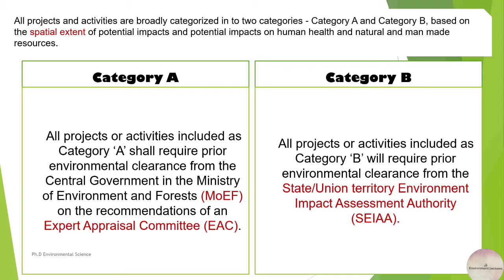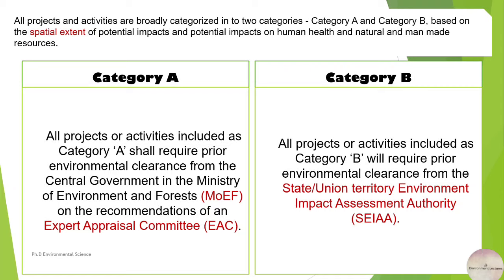And all the projects or activities which are included as category A, they shall require prior environmental clearance from the central government in the Ministry of Environment and Forests on the recommendations of EAC, Expert Appraisal Committee.